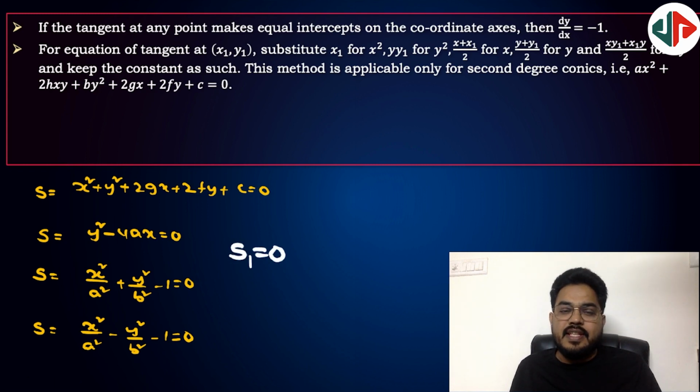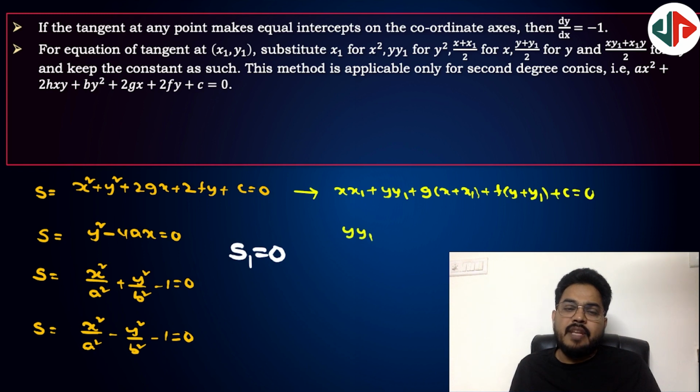So in this case, what is S1? xx1 plus yy1 plus g into (x plus x1) plus f into (y plus y1) plus c is equal to 0. For the parabola, yy1 minus 2a into (x plus x1) is equal to 0.